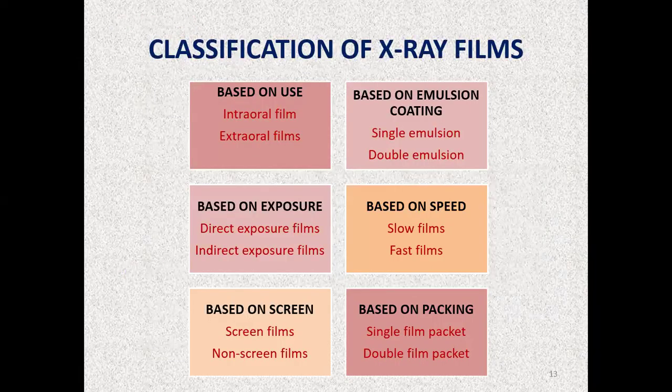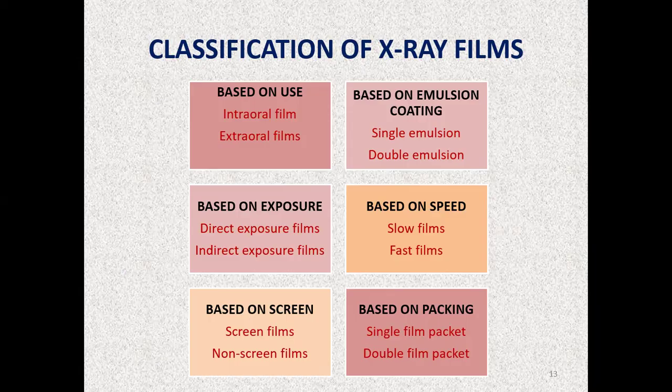Now coming to classification of X-ray films. Based on use, it can be divided into intraoral films and extraoral films. Based on the coating of emulsion, single-sided emulsion coated films and double emulsion coated films. Based on the exposure means, direct exposure films and indirect exposure films.